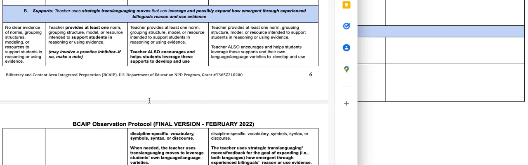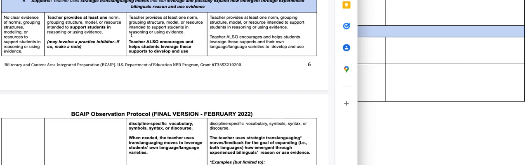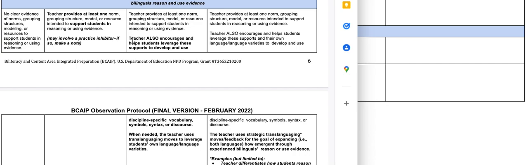Okay, gotta scroll down for this next one. So to get to a level 2, we need to see the teacher providing at least one norm, grouping structure, model, or resource intended to support students in reasoning and using evidence. And we need to see the teacher also encouraging and helping students leverage these supports to develop and use discipline-specific vocabulary, symbols, syntax, or discourse.